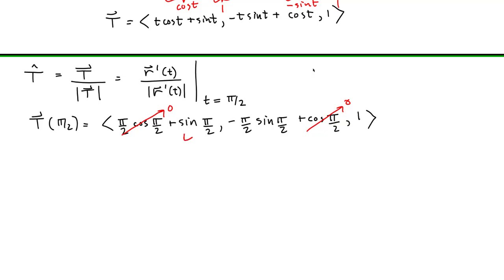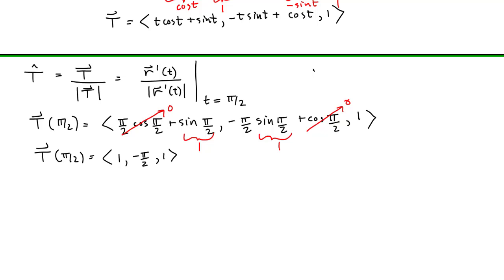We know the sine of pi over 2 is just 1. This means that the tangent vector evaluated at pi over 2 is equal to 1 for the x component, minus pi over 2 for the y component, and 1 for the z component.